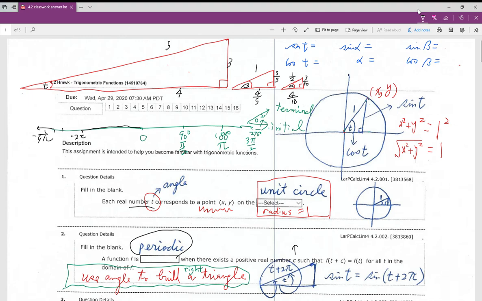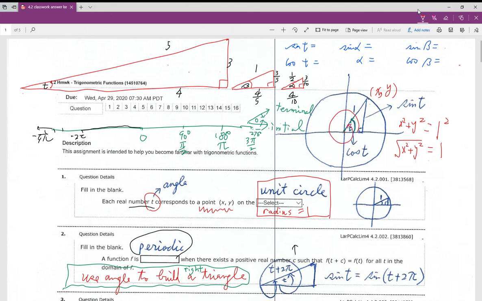So let me explain. Basically, they are talking about if you have a triangle built according to angle t, from the initial side to the terminal side, you have angle t. How about if you have another angle, keep going, and come back?